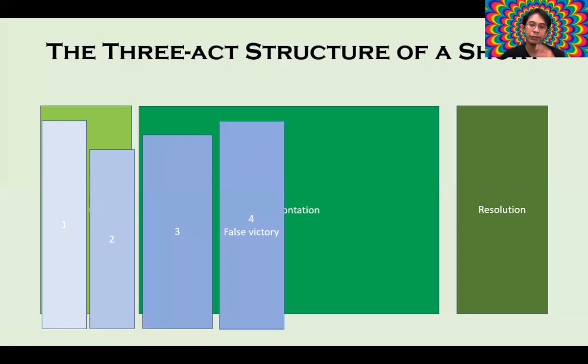But then there is a fresh air, so to speak, which is called the false victory. After a problem, you will find this false victory in which the main character who has a problem realizes that actually it's not bad. There is support somewhere.